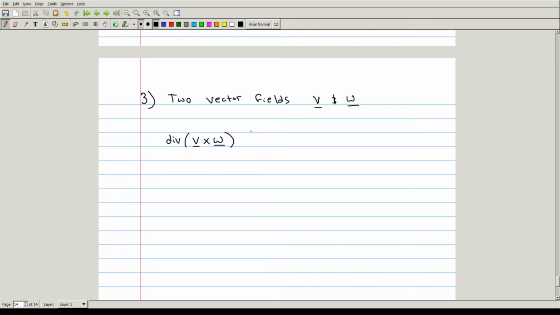This is where things get a little bit complicated, but it turns out that this is going to have a very nice expression. The divergence of V cross W will simplify down to the dot product of W with the curl of V minus V dot product with the curl of W.